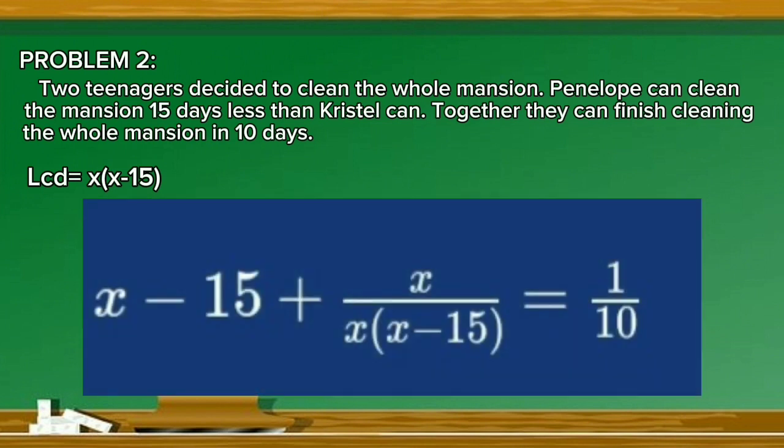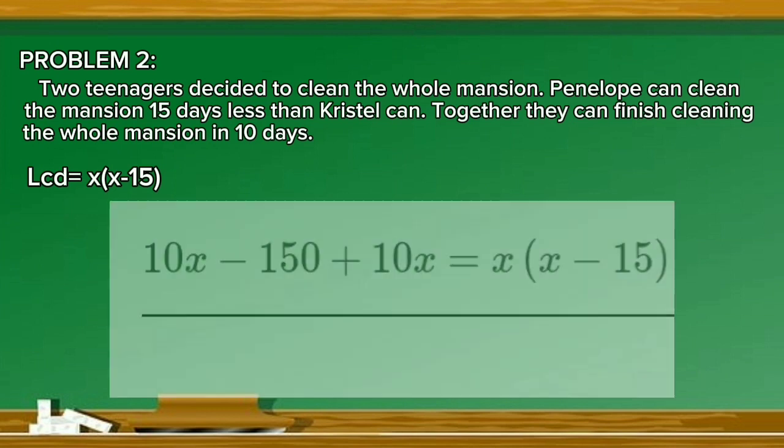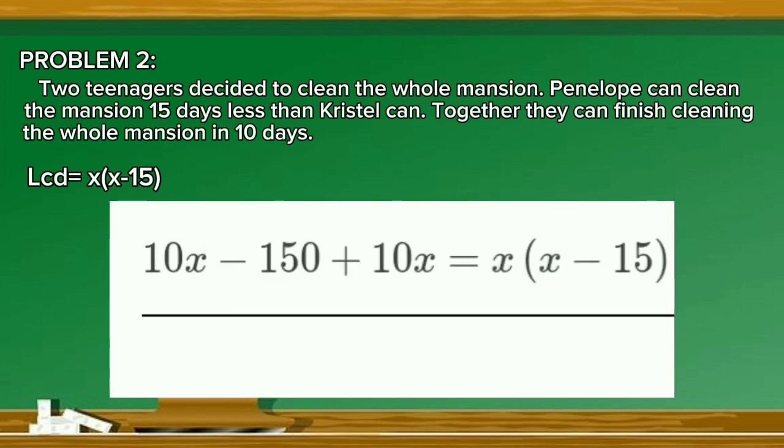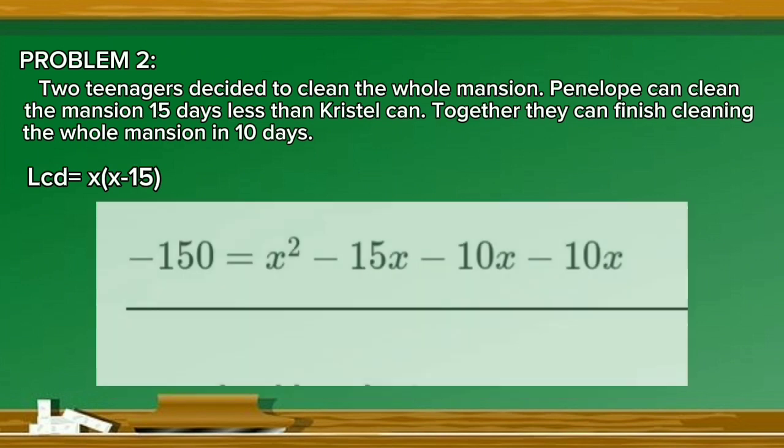X minus 15 plus x over x times the quantity x minus 15 equals 1 over 10. Let us copy again the denominator. Now, another cross multiply. 10x minus 150 plus 10x equals x times the quantity x minus 15. To solve, negative 150 equals x squared minus 15x minus 10x minus 10x.